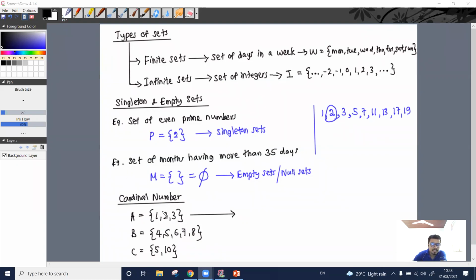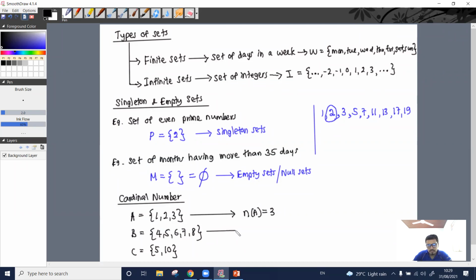Here, there are 3 elements. Therefore, the cardinal number is 3. How do we write this? Number of elements in set A equals 3. This is what we call cardinal number, the number of elements in a given set.